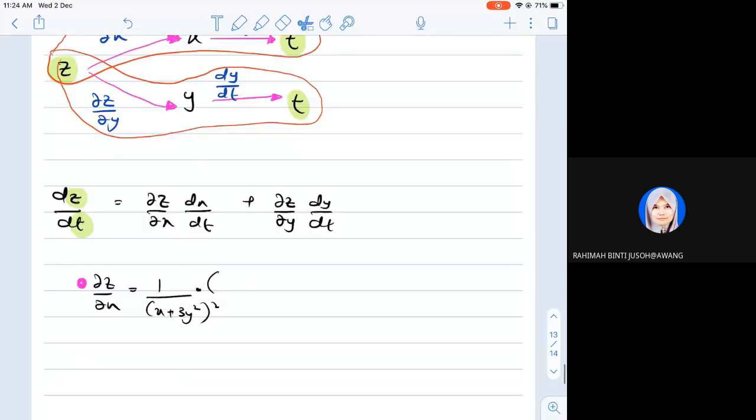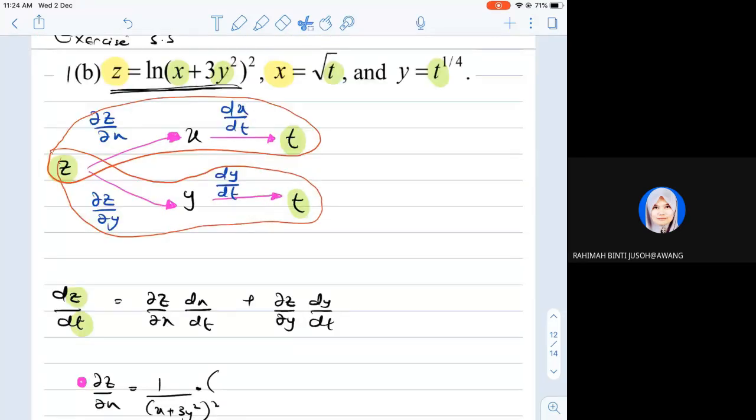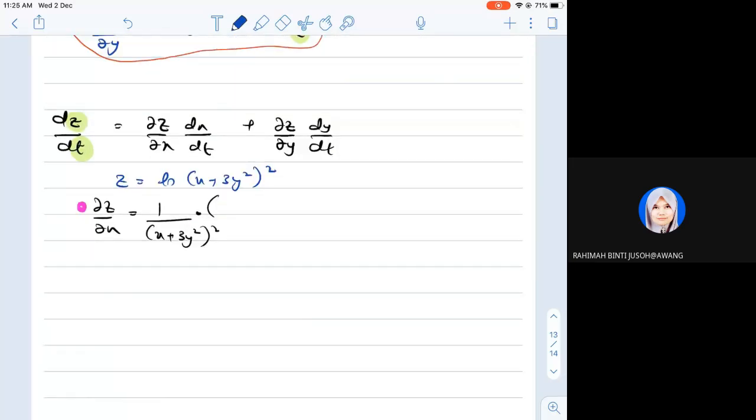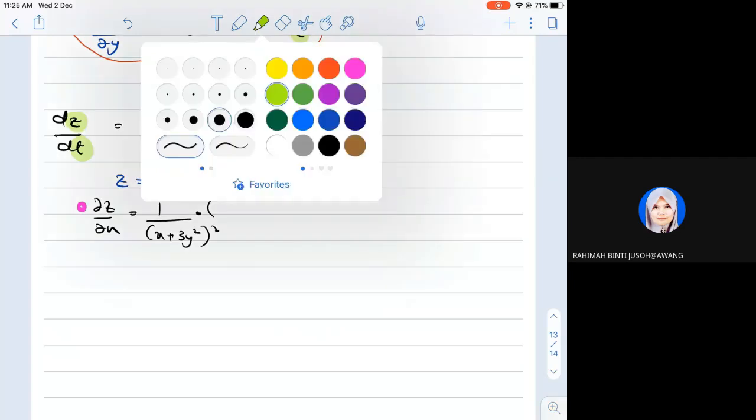So we have Z equals ln of X plus 3y squared again. Find 1 over the whole thing, and then differentiate this one too, guys, the inside of the ln itself.